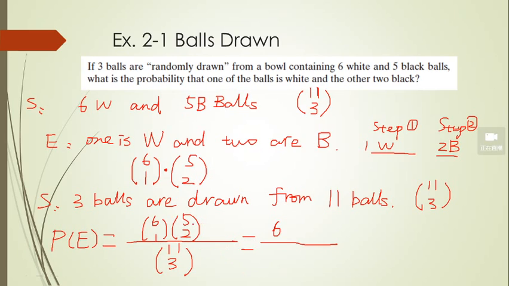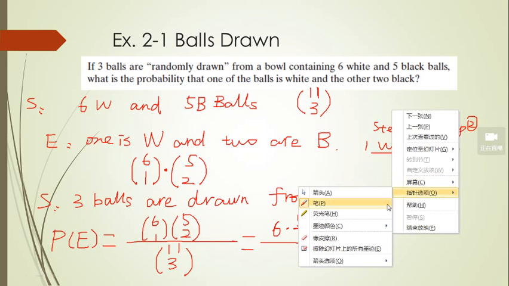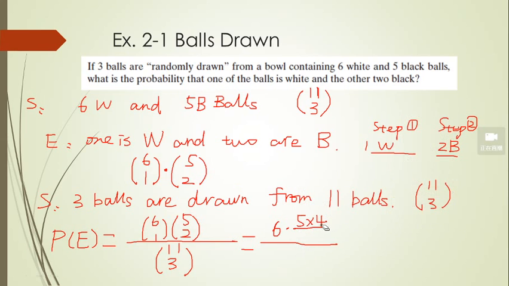So of course you are going to have 6 different outcomes. Sorry, let me just follow our combination formulas, okay?